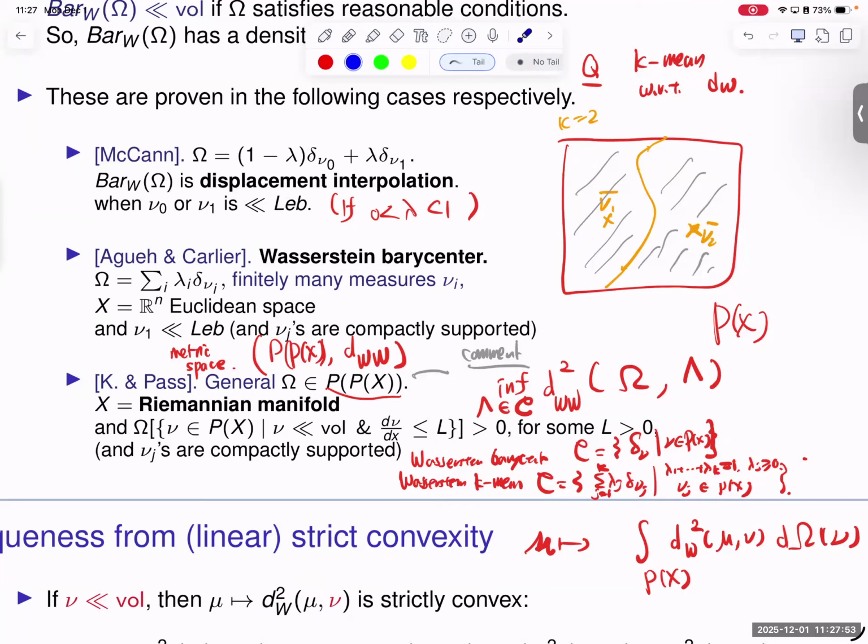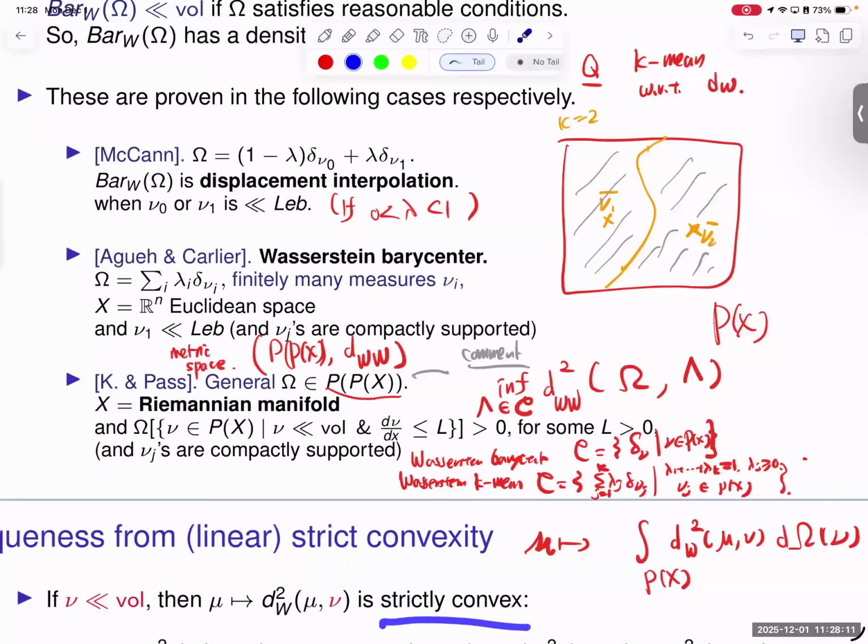Geodesically convex means viewing this function as a function on the metric space with the metric dW. With respect to dW, it may not be convex along geodesics.